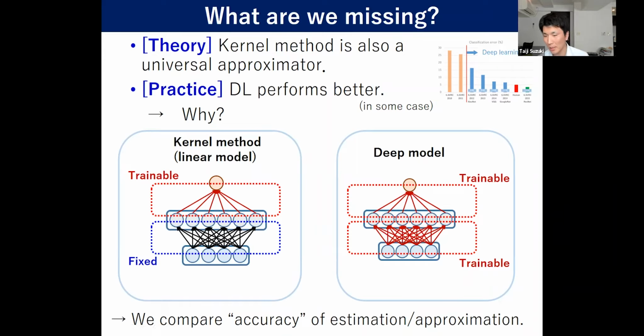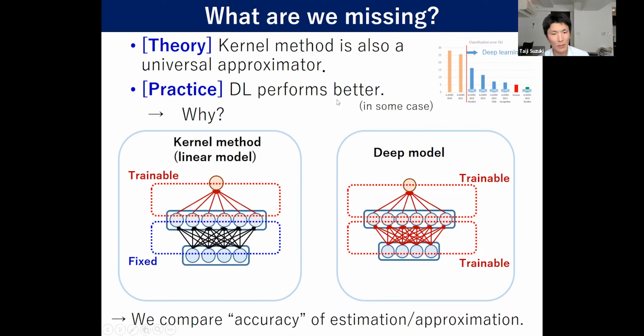Why is that? For example, in the ILSVRC competitions, after 2012, deep learning has won the first prize. Nowadays it is very difficult to get state-of-the-art performance using the kernel method. Therefore, in pattern recognition tasks, everybody is using deep learning.